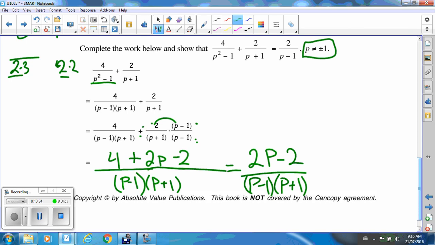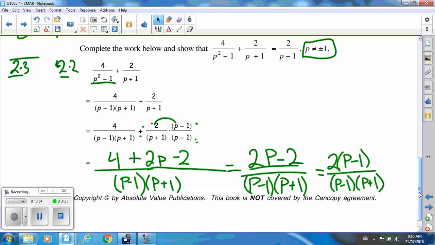And now what I see is that I can factor. Again, I always want to check my factoring at the end. So I could have maybe thought I was done, but now when I simplify this, I could take out a 2. That leaves me with p minus 1 over p minus 1, p plus 1, and hey, what do you know? They have factors in common.